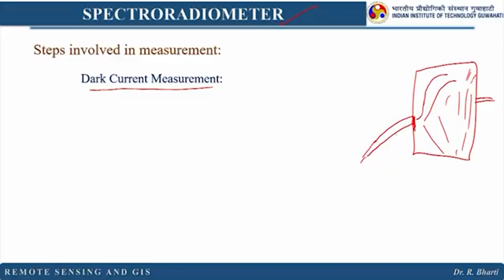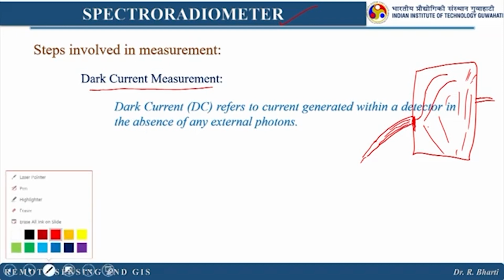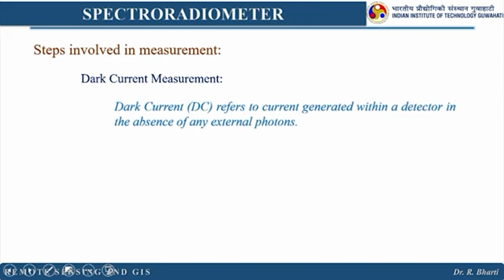So, what we do, we close this slit and we do not allow any light or photons to pass from the atmosphere into the instrument, and then we measure the photons or energy produced by the instrument itself, and that we subtract from our measurement.